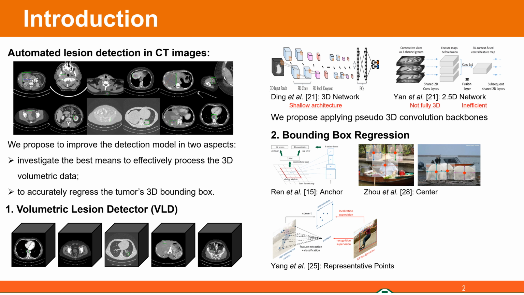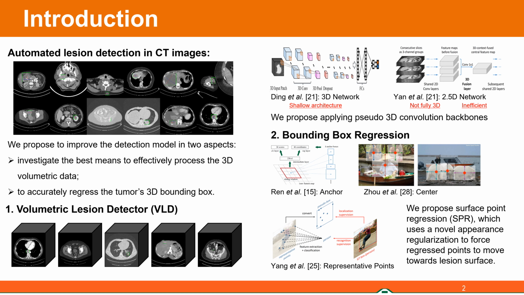To this end, we adopt and enhance the representative points algorithm, which generates a point set to estimate bounding boxes. Different from representative points, we propose surface point regression, which uses an appearance regularization to force regressed points to move towards lesion boundaries.